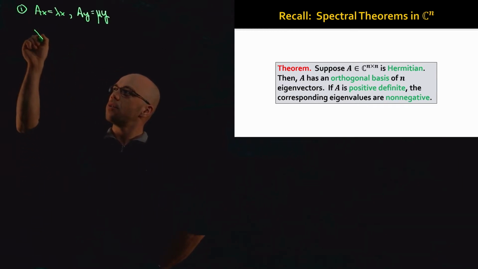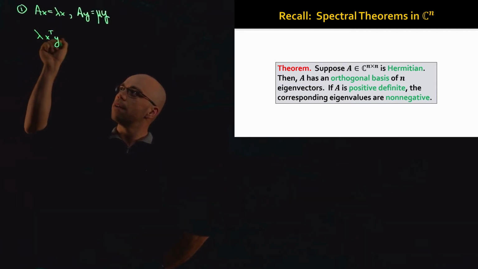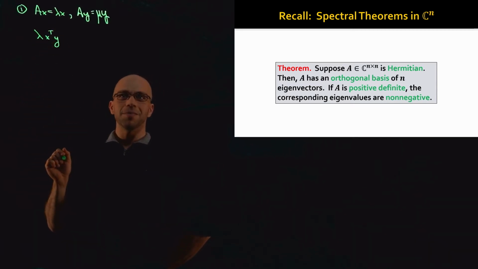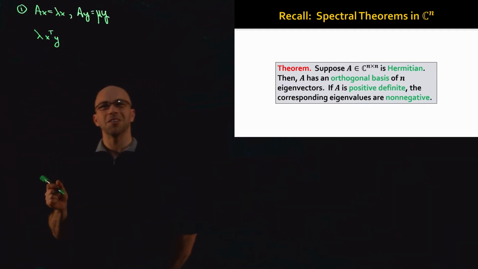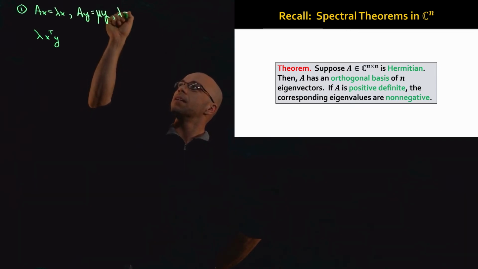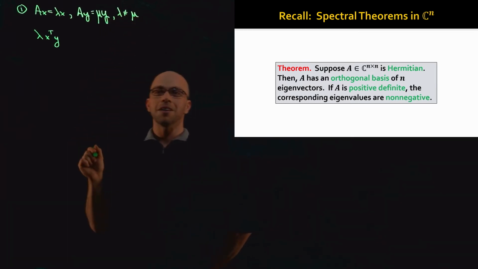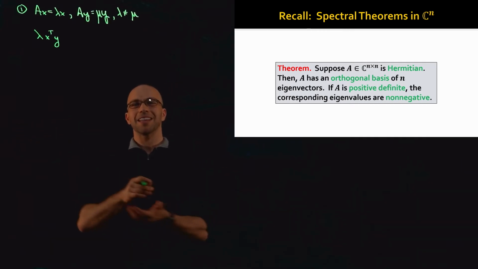So we're going to look at the quantity lambda times x transpose y. Remember, if they're orthogonal, then x transpose y should equal 0. That's going to be what we show. Oh, and we need one more assumption, which is lambda does not equal mu, because when lambda equals mu, we can just orthogonalize them manually, and that's fine.